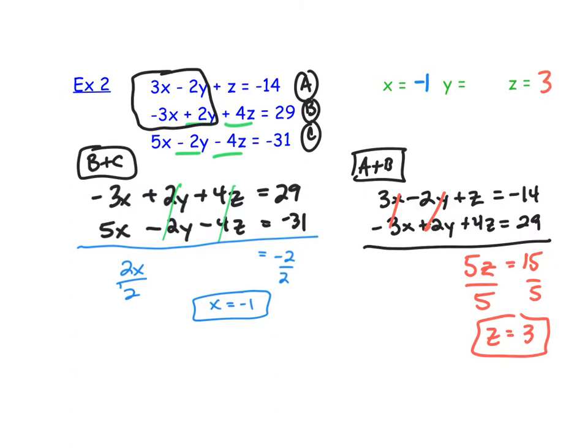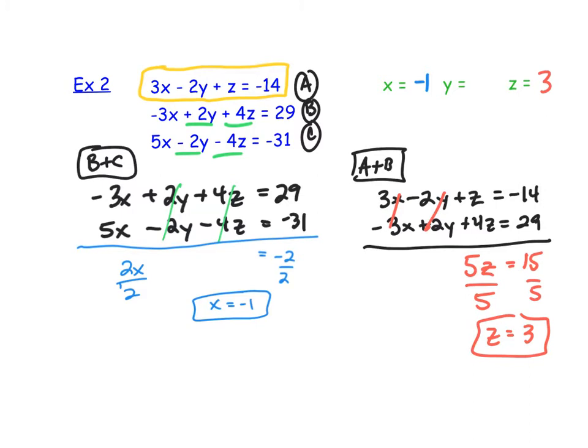So the only thing remaining is what is y. If I pick any of these three, I'm going to choose the first one, just arbitrarily. It doesn't really matter which one you choose. I'm going to plug in negative 1 for x, 3 for z, and hopefully figure out what y would equal.